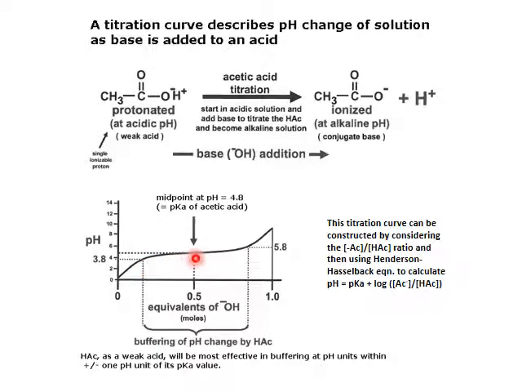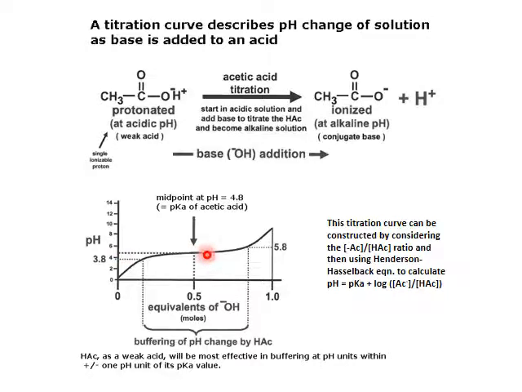And then at the half equivalence point, where we basically have titrated half the acid, that's where the concentration of the conjugate base equals the concentration of the acid. So the pH at the half equivalence point is going to be the pKa.